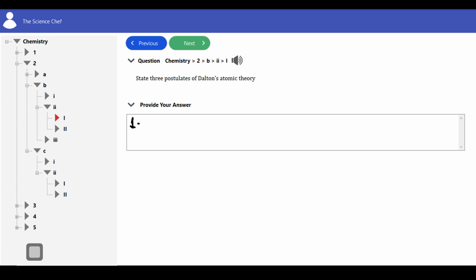1, that matter is made up of small indivisible particles called atoms.